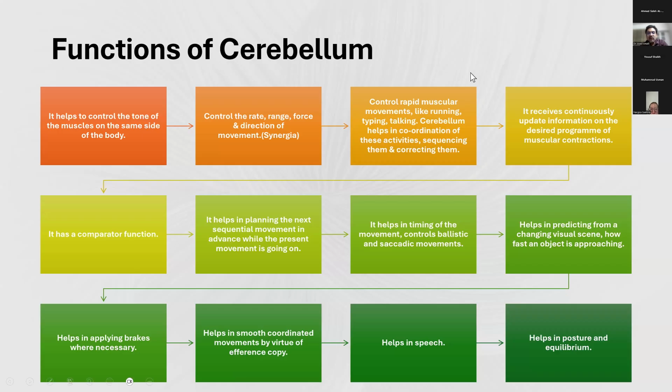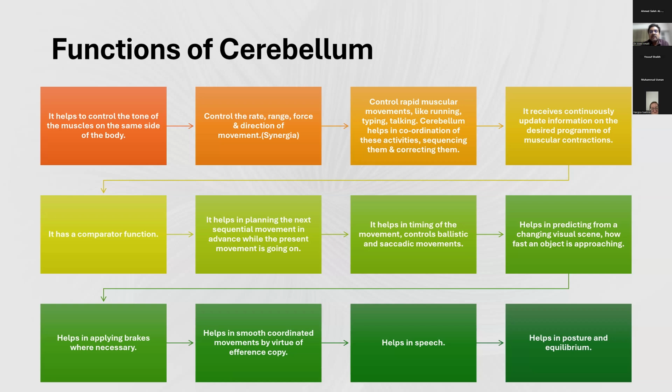Now let's talk about a bird's eye view of the functions of the cerebellum. The cerebellum is a master when it comes to equilibrium, posture, and maintaining harmony and synergizing everything in the body. It helps to control the tone of the muscle.